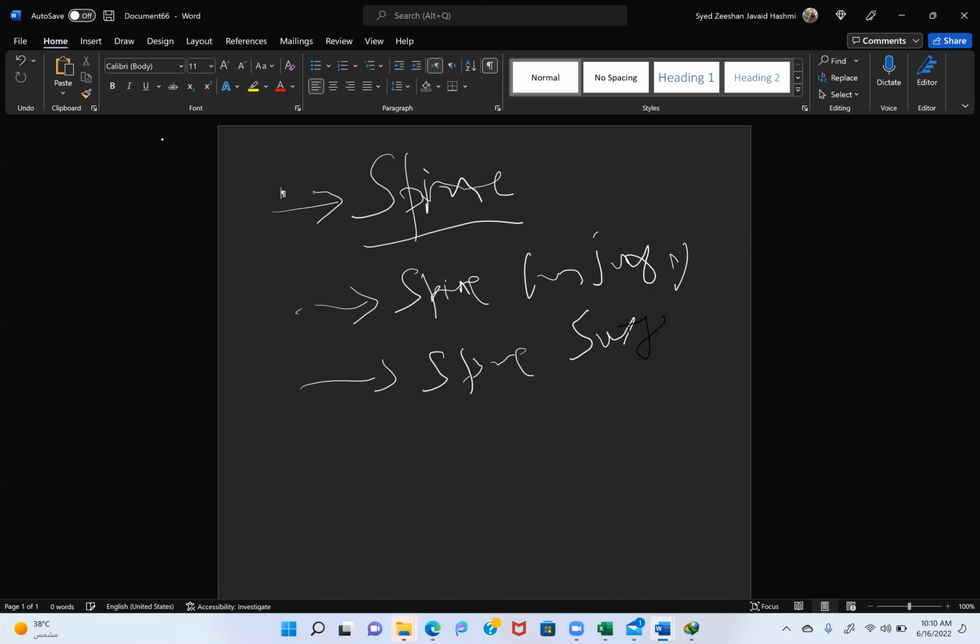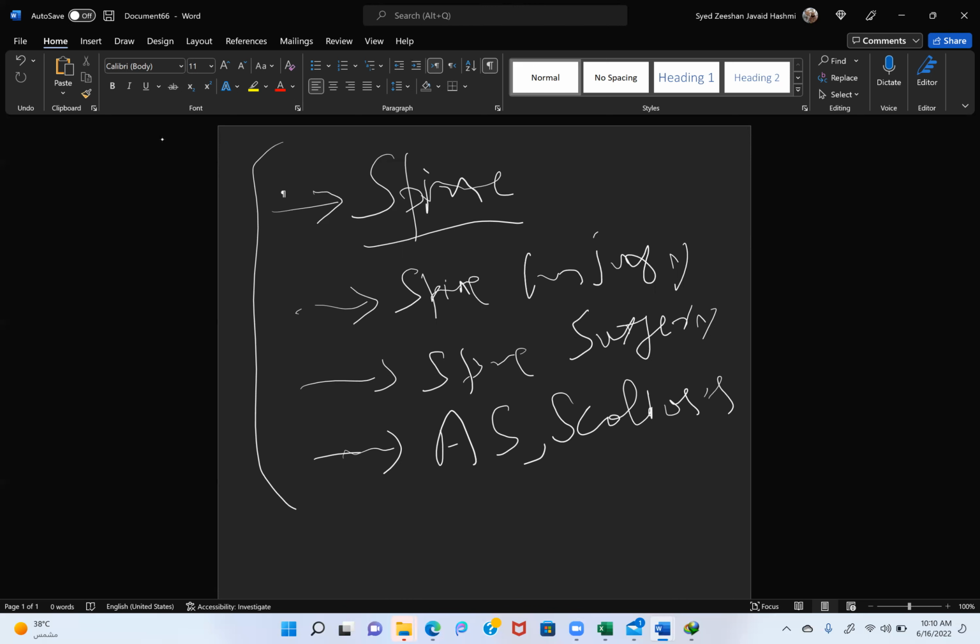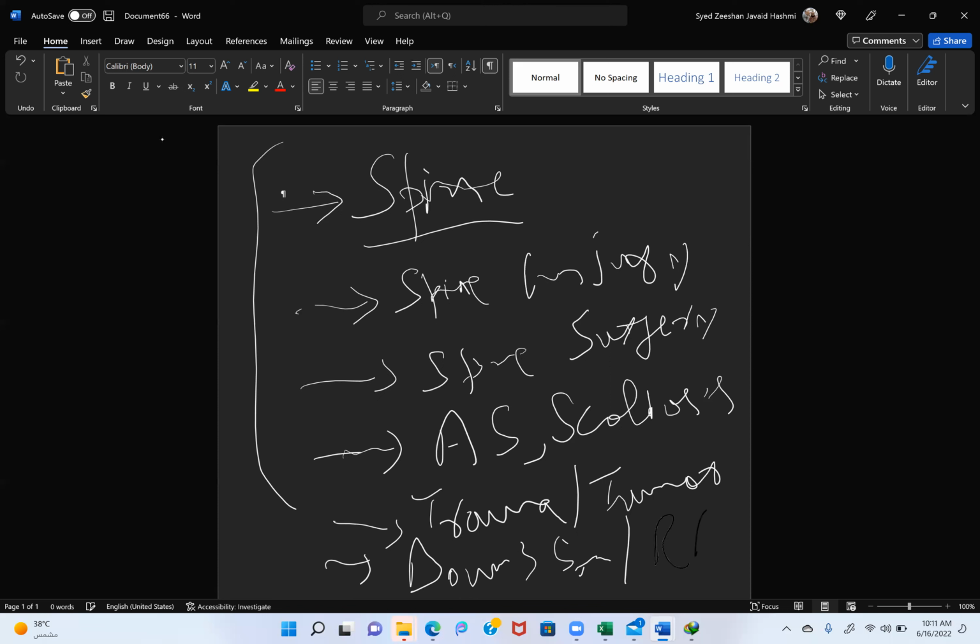They can ask you about diseases involving the spine, like for example ankylosing spondylitis, but more commonly scoliosis. And of course trauma, tumor, and unstable spine as occurs in Down syndrome and rheumatoid arthritis.